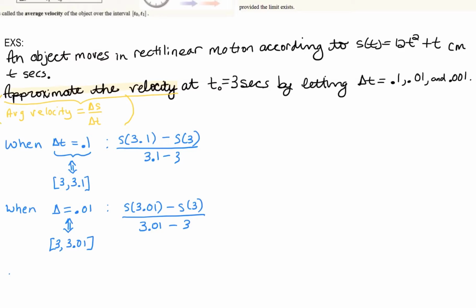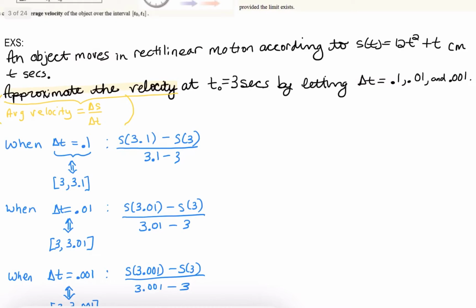And then the last one here is going to be looking for when our change in time is 1/1000th of a second. And so again, this is the same thing as saying from 3 to 3.001. And so this is going to be the position at 3.001 seconds minus the position at 3 seconds, and then divided by that change in time.